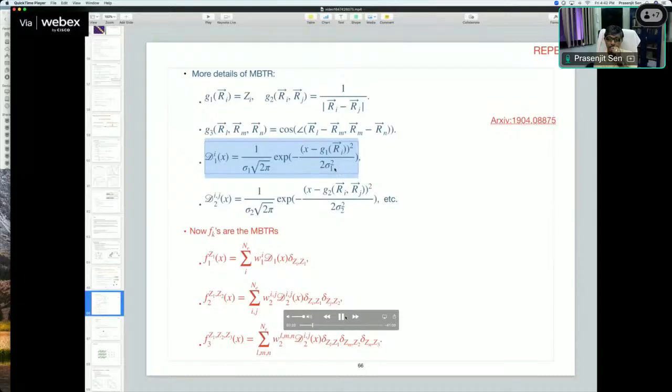So as far as G1 is concerned, we will never have values beyond 17, but then we are broadening it. So a sharp peak at Z1 equal to 17 will get broadened into a Gaussian centered around 17. So we may want to go a little beyond 17.